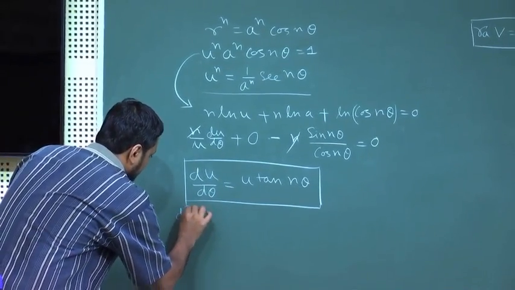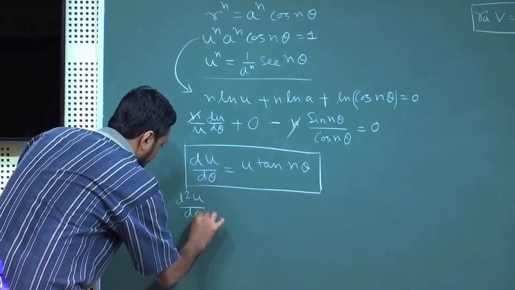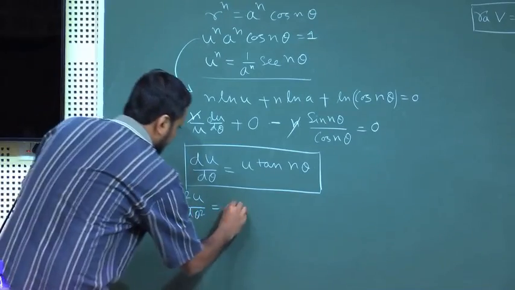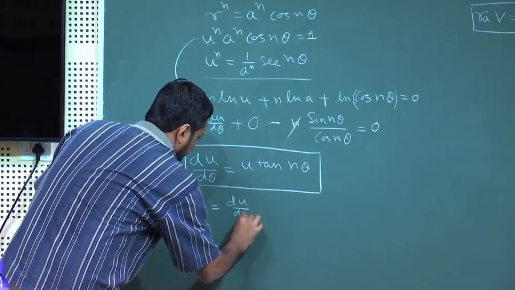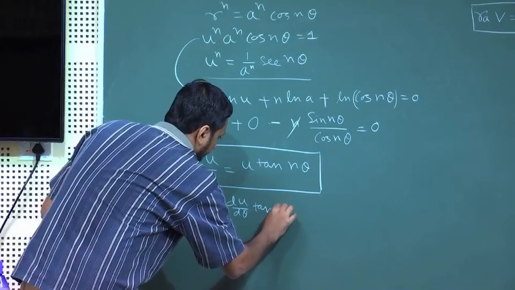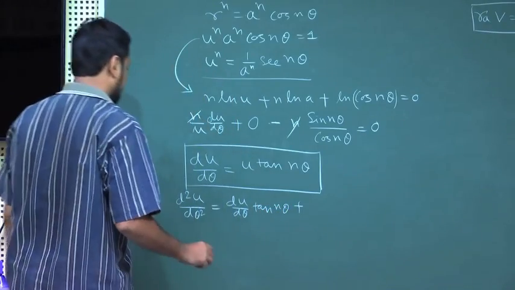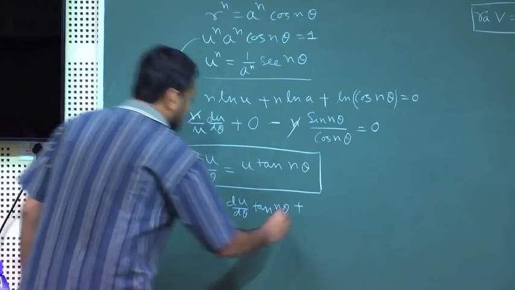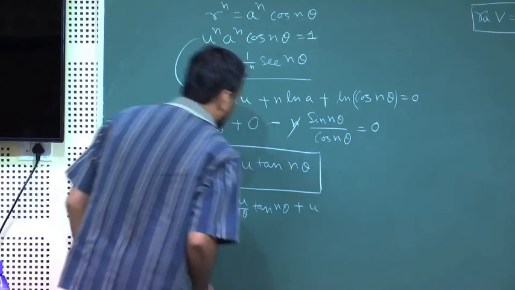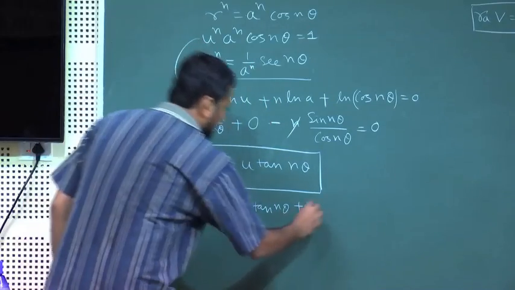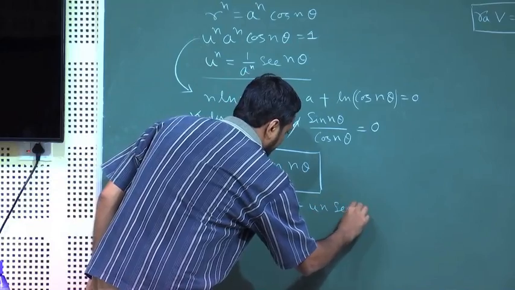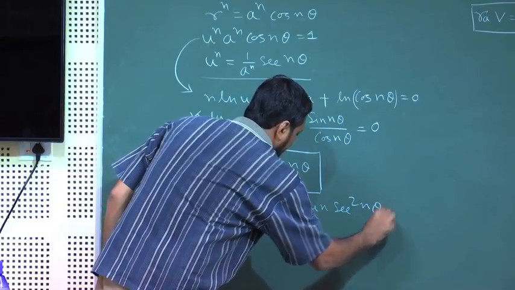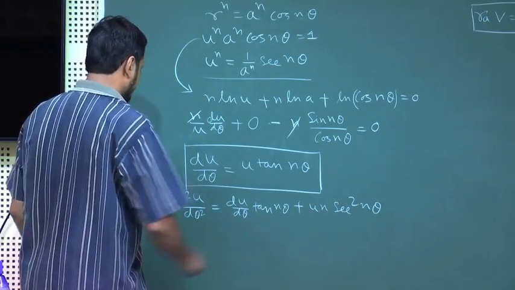So, we write d2u/d theta2, which will be equal to du/d theta tan n theta plus u times the derivative of tan n theta, which is sec square n theta, right.